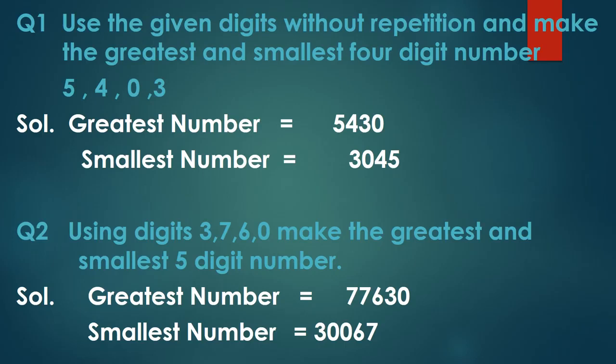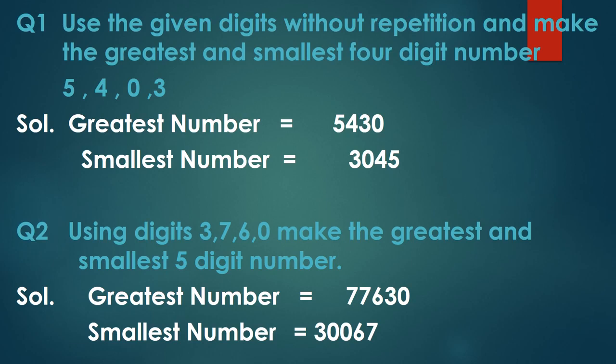Now see question number 2. Using the digits 3, 7, 6, 0, make the greatest and the smallest 5-digit number. Now see in this question, the number of digits given to us is 4, but we have to make a 5-digit number.